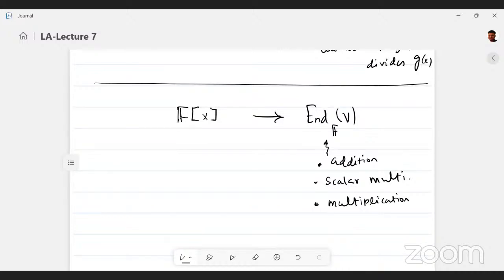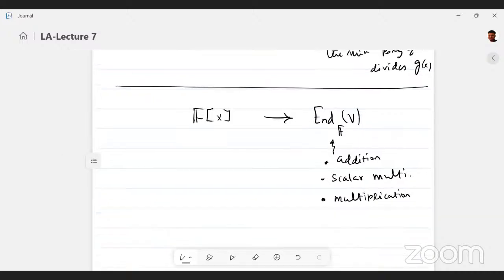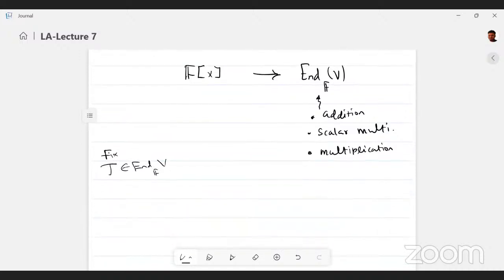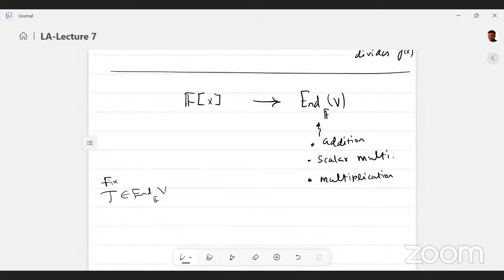Now what we can do, given T, this T is fixed, is a fixed map from V to V. Using this T, can you define a map from F[x] to this endomorphism of V? Is there any map given this?